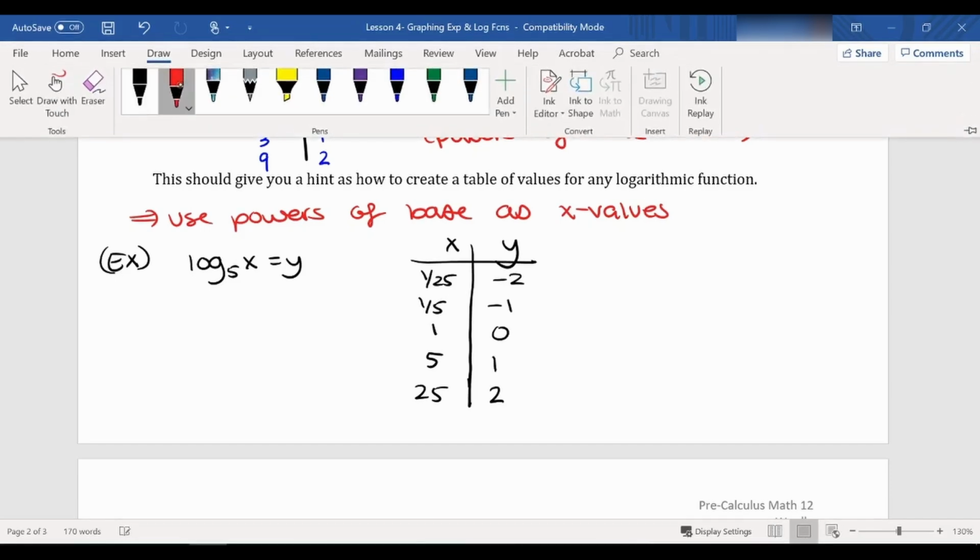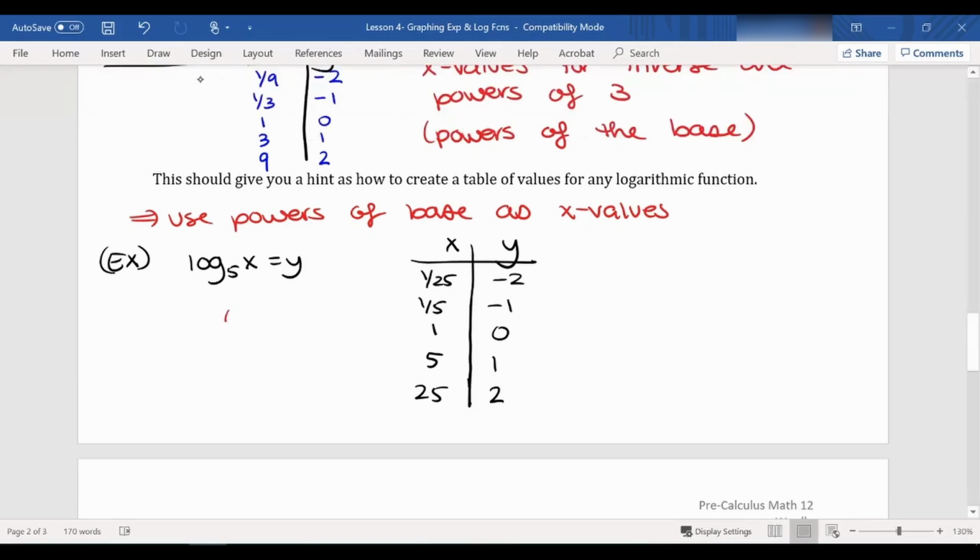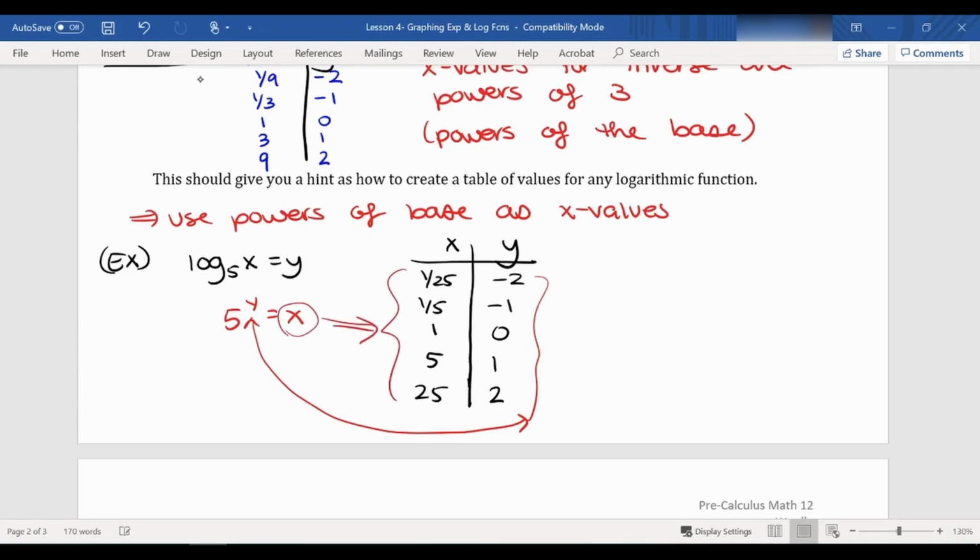So if I want to think about this as an exponent, this is 5 to the y equals x. So these are all the exponents here, and then these are all of the powers of 5 here. So when I make a table of values for logarithms, I always change it to 5 to the power of y equals x and basically pick y values and pop out x values.